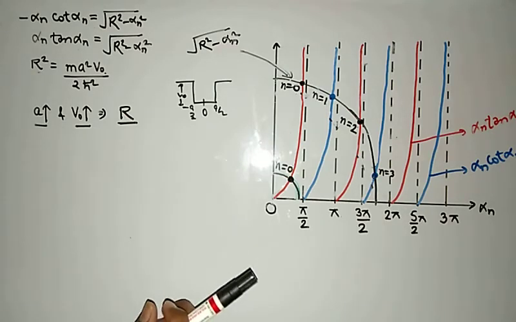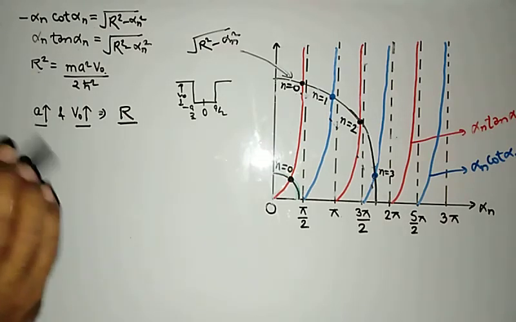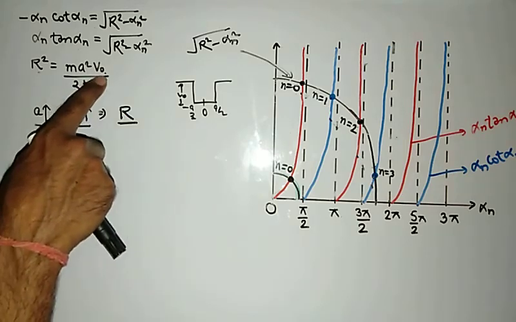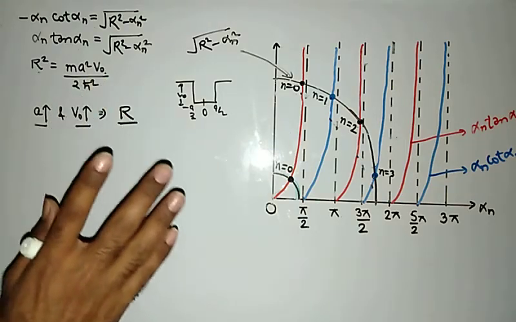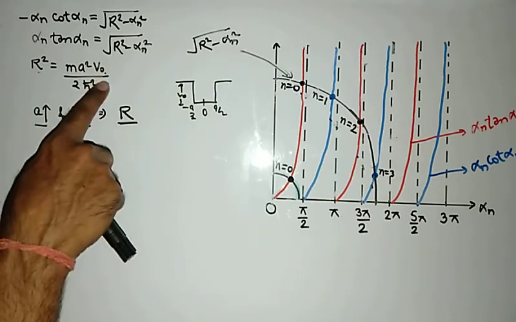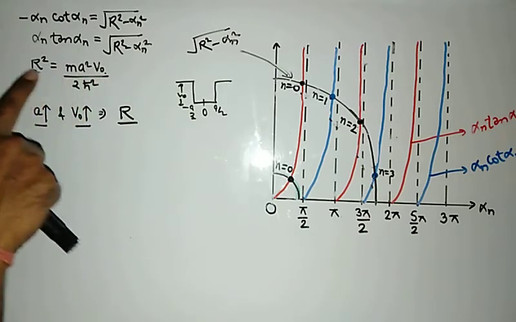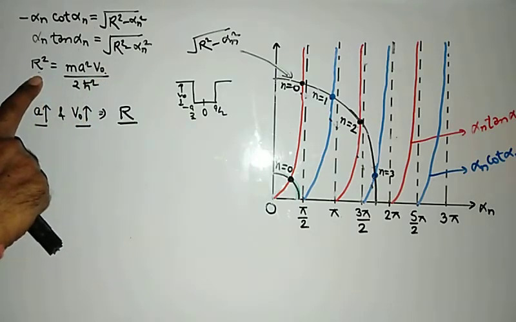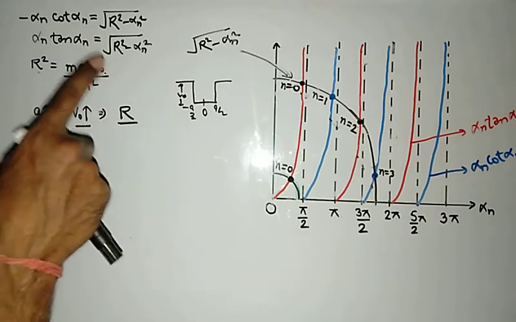Also, to note one point, whatever the value of V naught is, however small V naught is, we will get a value of R. What is the minimum value of V naught?